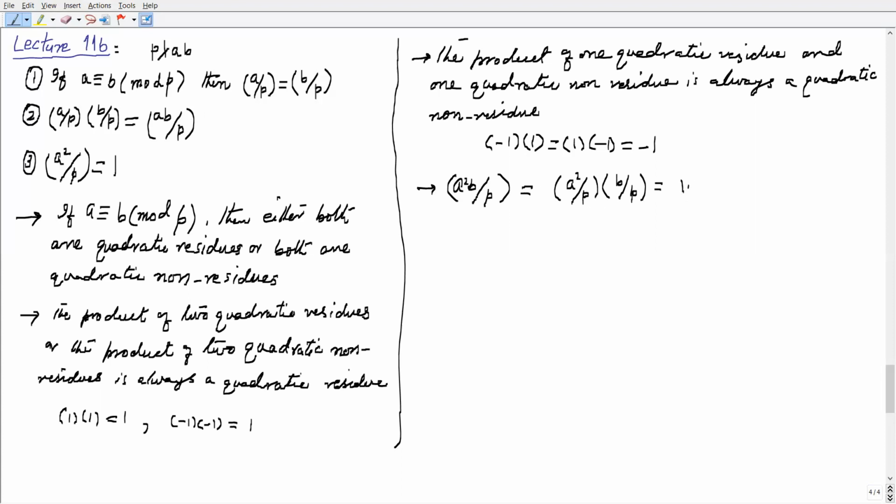So 1 times b. So if we have a square of any integer and p does not divide that integer, in that case the Legendre symbol will be equal to that of b.